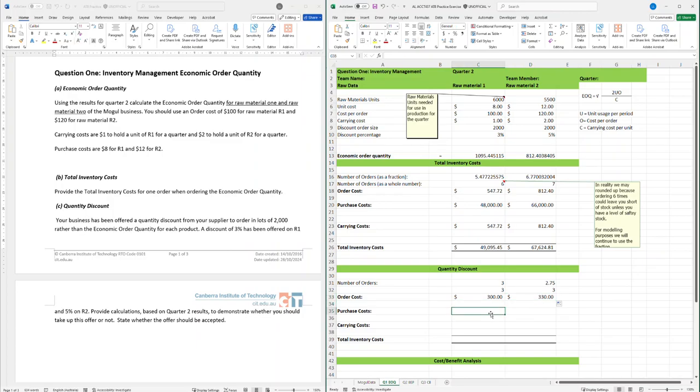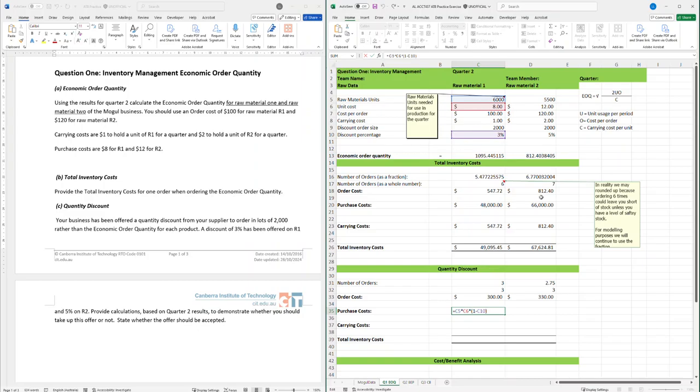Similarly, your purchase cost would be your raw material order times the unit cost.